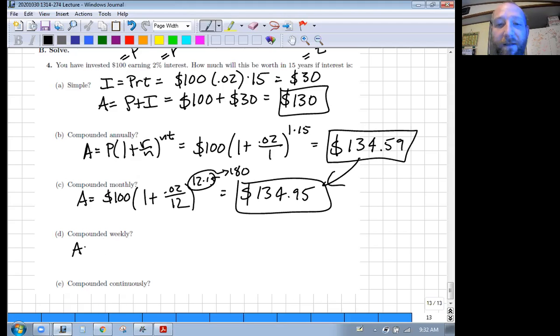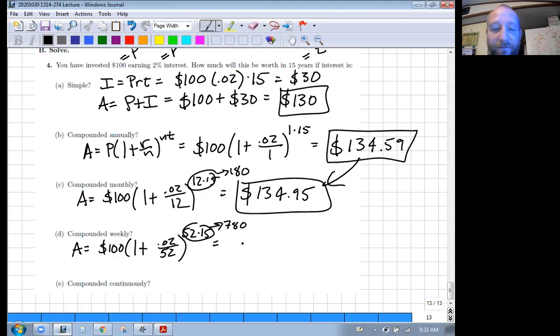If we go to weekly, 1 plus 0.02. There's 52 weeks in a year, so we got 52 times 15. That's 780.